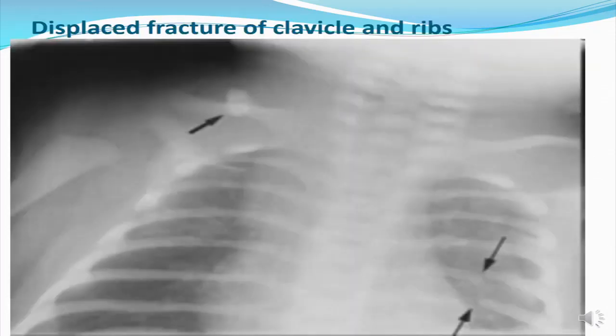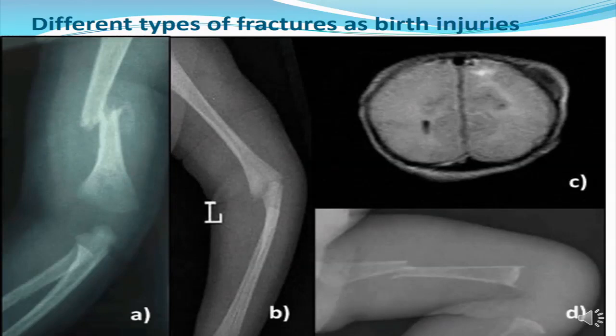Here are fractures of the ribs, because they are calcified, and a fracture of the right clavicle, and there are 2 fractures on the left side of the chest, fractures of the ribs. There are different types of fractures here: fracture of the humerus, fracture over the elbow, fracture of the femur, and fracture of the skull.